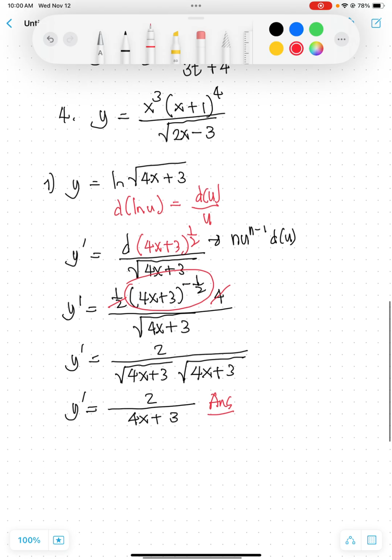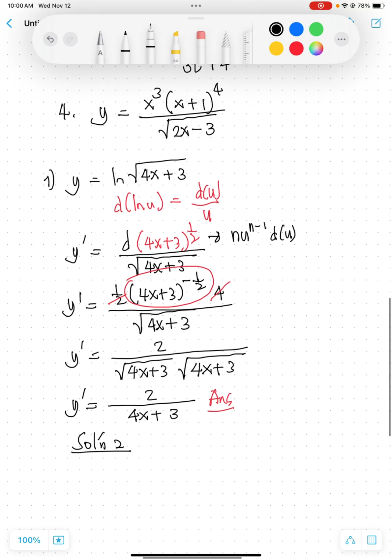Okay, so let us have another solution to the problem. This is solution 2. Our problem is y equals ln of square root of 4x plus 3.